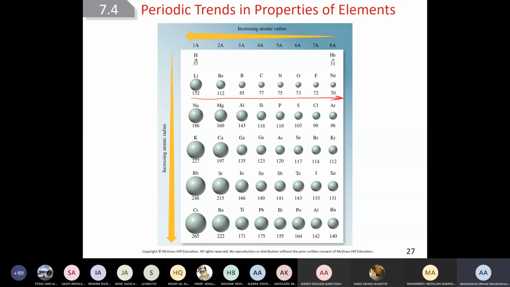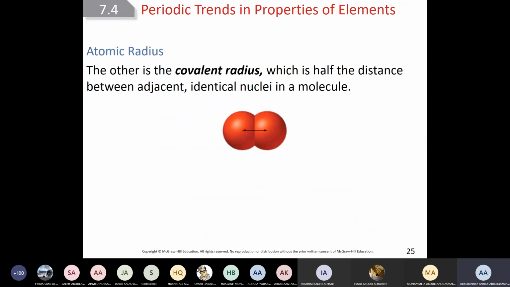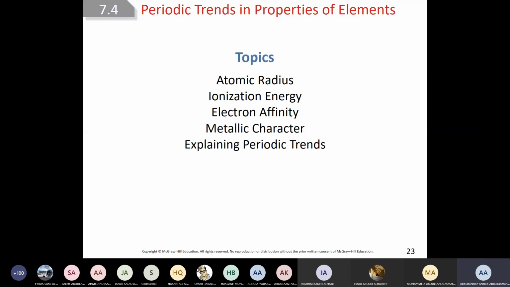Because of the effective nuclear charge, look at the size here. As you go across, what happened to the size of the atoms, of the elements? Decreasing. Why is it decreasing? Tell me why. Because the effective nuclear charge is increasing, exactly. Okay, is this clear? Very good. So I want you to know all of these things.